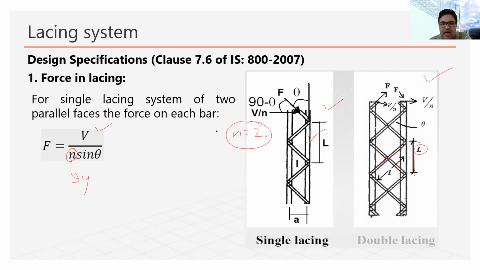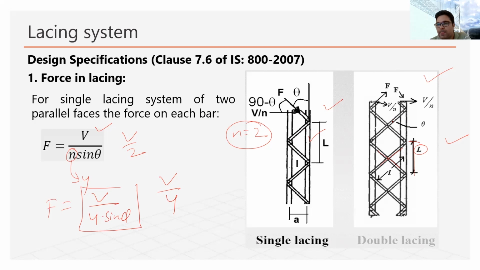That is why I divided V by 2 there, but in this case it will be V by 4. So the F value will become V by 4 sine theta. This is how we calculate the force in the lacing bar.